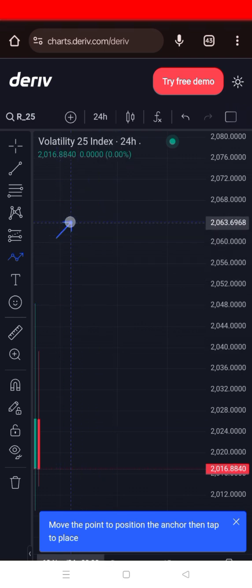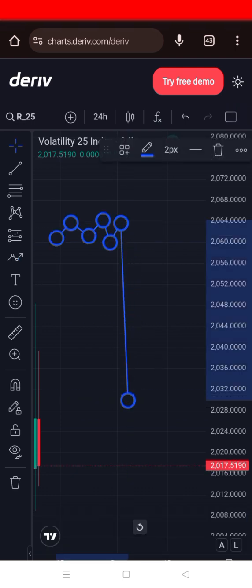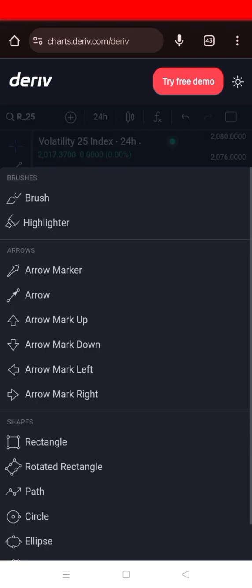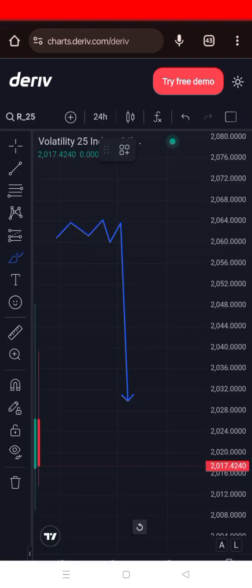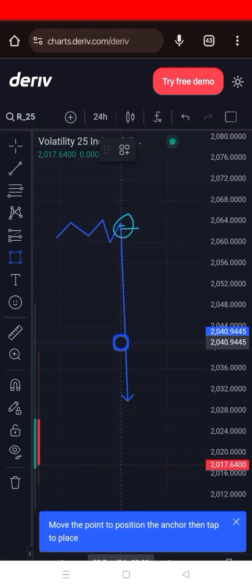Towards the up, we will draw this moving towards the down. So the market moves like that and then makes a spike towards the downside. What do we do? Similar to what I had told you, you just mark the last candlestick there, and that is where you draw your rectangle.